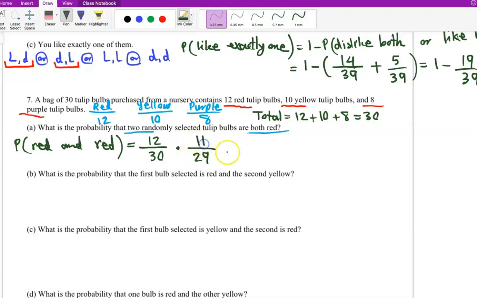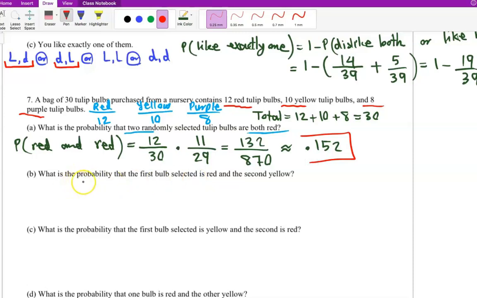So here is 11. Okay, so this is the answer for part A.